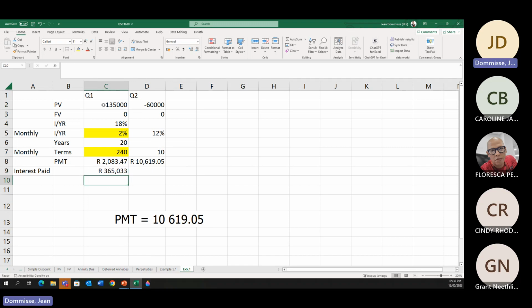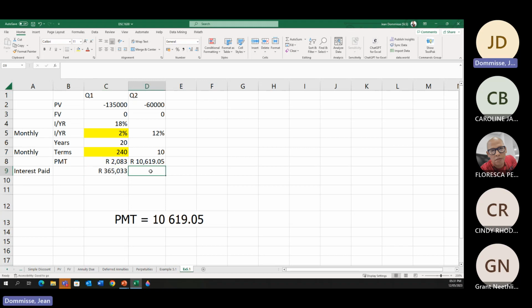So what I did was say the payment per month times the number of times that I paid it, minus my initial amount, and that is what the interest paid was.